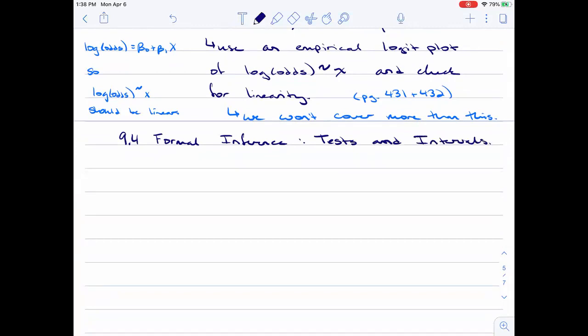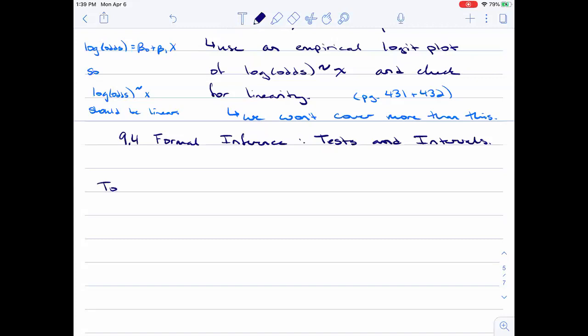So we are going to hinge a lot of our inference on the slope. The intercept, I don't care about it. I use it, but I don't care about it. So this is going to be a lot like inference for regular linear regression or even simple linear regression.